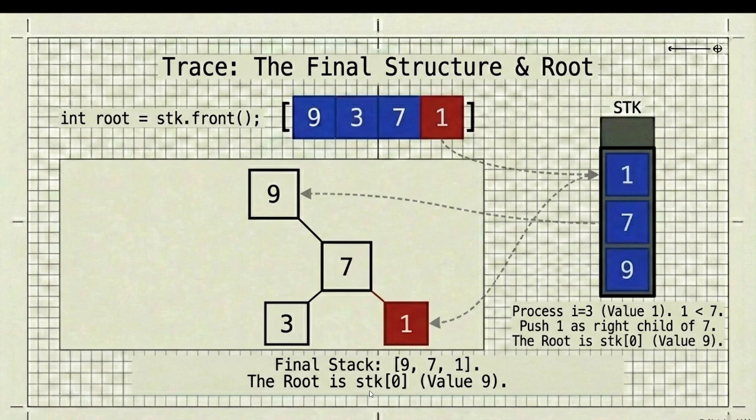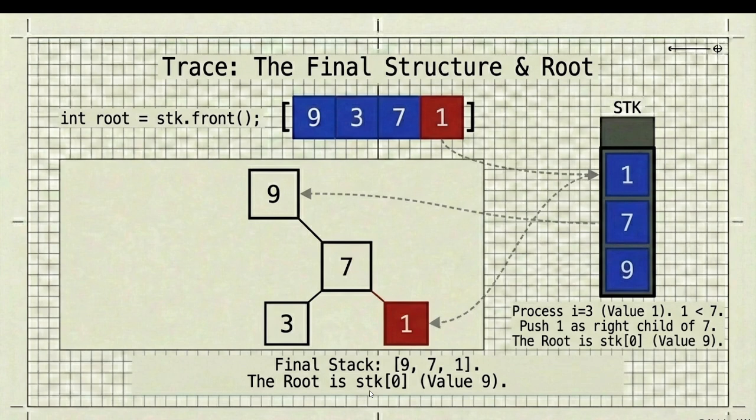So this process is simple. We take the largest element and put it at the root, and then go to the right side. If the new element is not greater than the stack top, it becomes the root of the right subtree of that element.